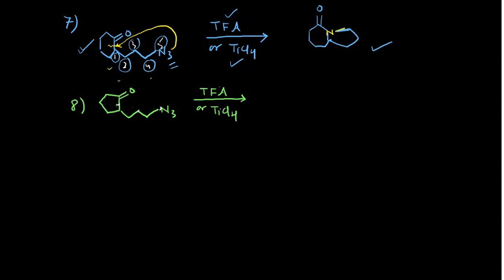So again, the trick is that if you focus, a 5-membered cyclopentanone ring is there, right? So you will increase the ring size of this by 1 unit. That means it will become a 6-membered ring that will contain nitrogen at the junction. And if you number this here, this is 1, this is 2, this is 3, this is 4 and this is 5.